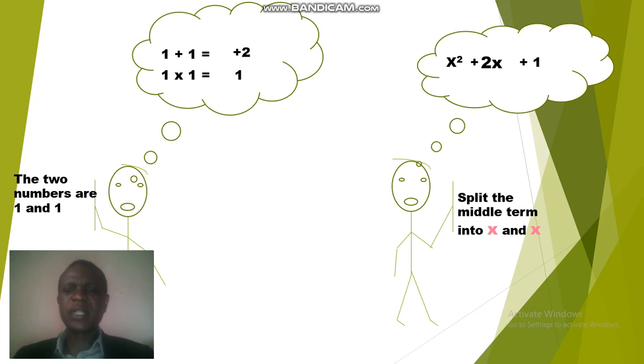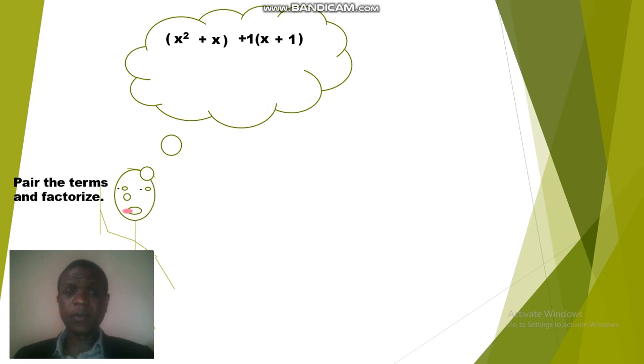We are going to split the middle term into those numbers. So 2x will be split into x and x, so that we have x squared plus x plus x plus 1. We pair them so that we can factorize.